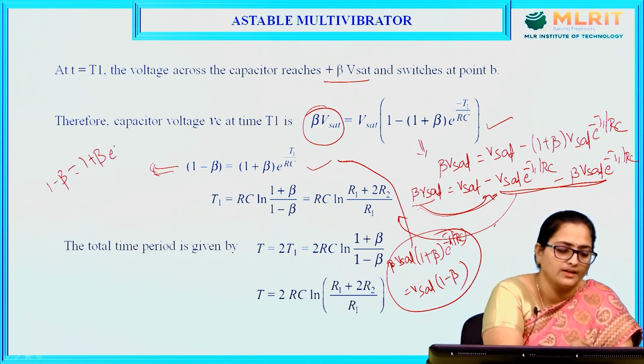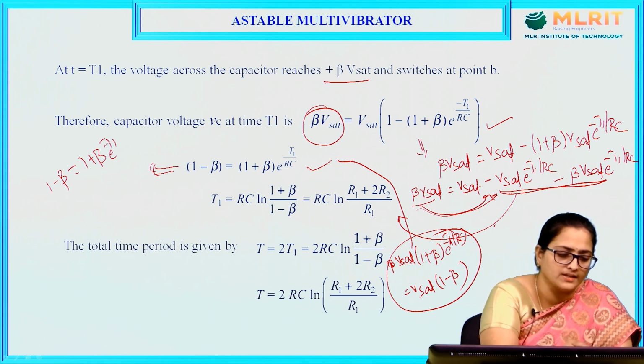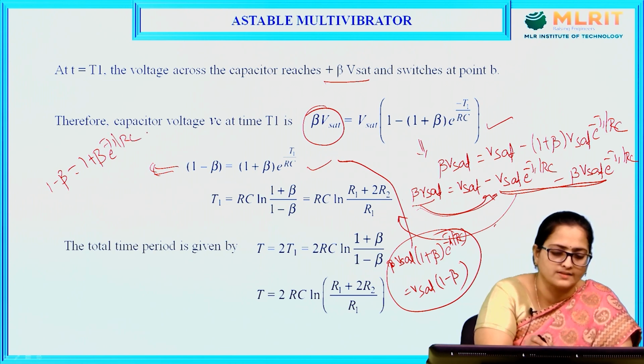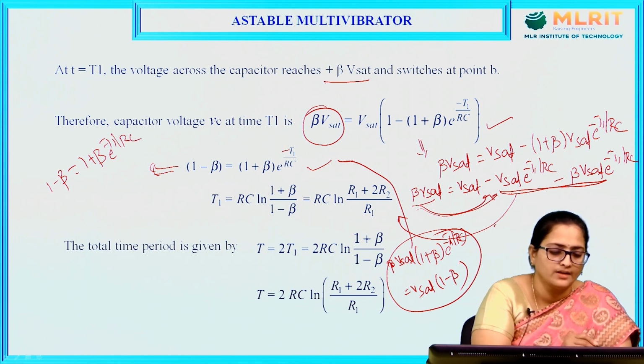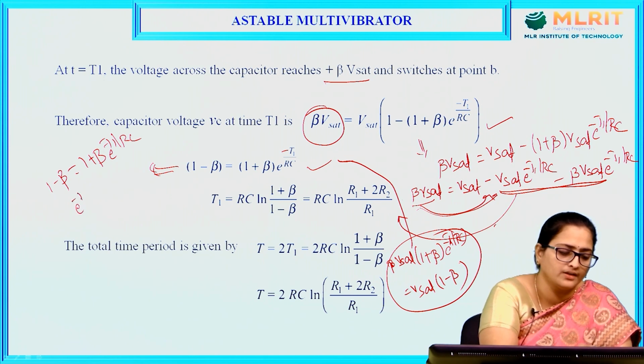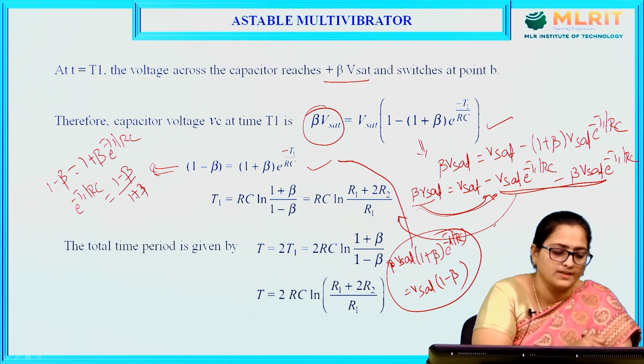See here, e power minus T1 by RC is equal to 1 minus beta by 1 plus beta. So, T1 by RC, taking the negative value, can be given as 1 plus beta by 1 minus beta.